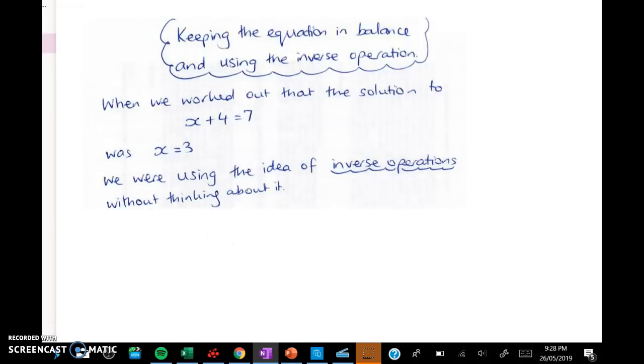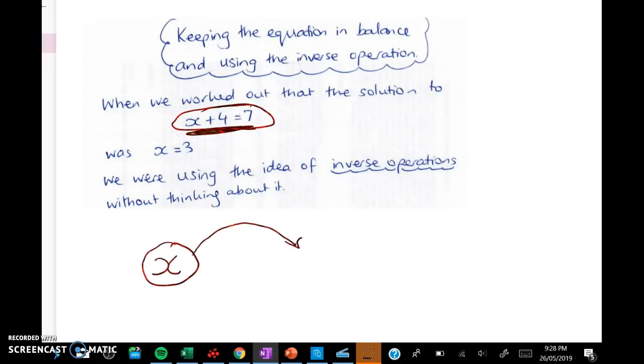So when we figured out that the solution to this equation here was x equals 3, we're using the big idea in maths of inverse operations, but we don't need to think about it every time that we use that idea. So let's look at this equation and see how it started out its life. Well, we started with a number, x, and then we took that number and we added 4 to it.